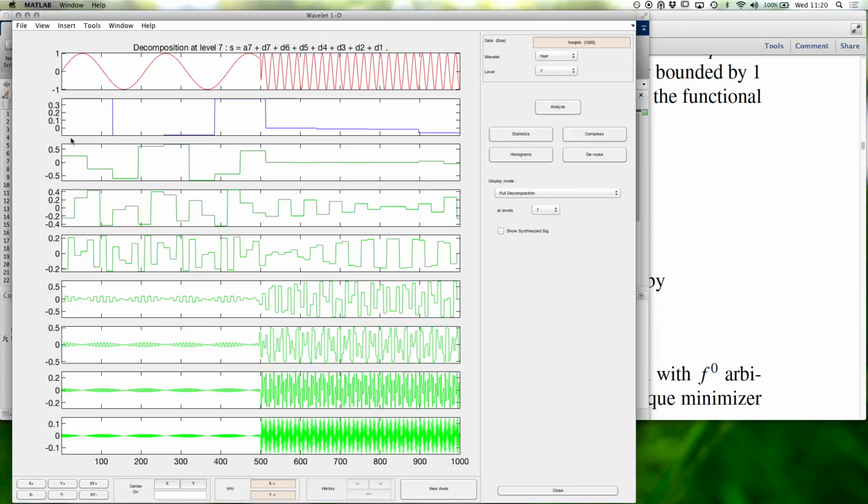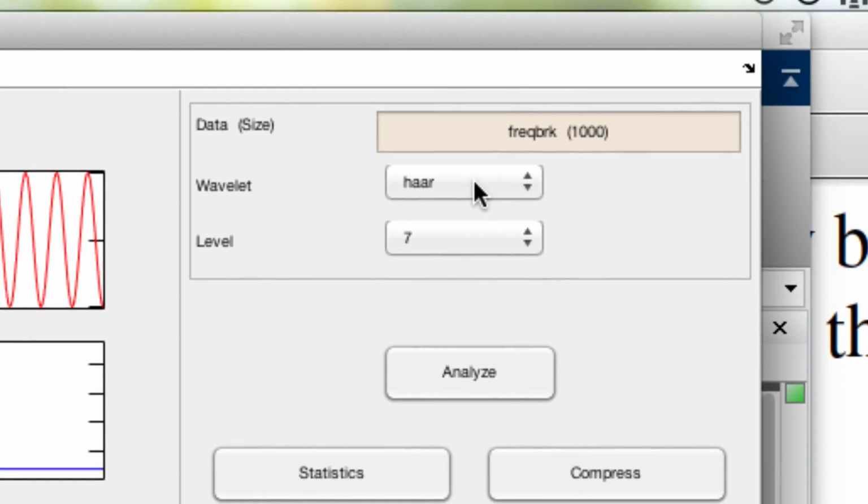Wavelets have many strengths. One is noise reduction, because often the noise will appear only on the smallest scales. And one thing is that now I'm using the Haar wavelet, which is nice for teaching purposes because it's very clear. It's piecewise constant.